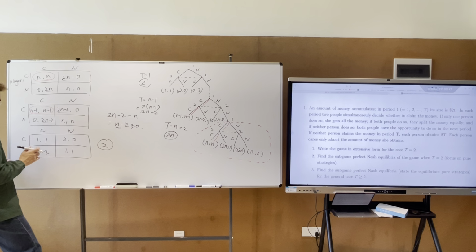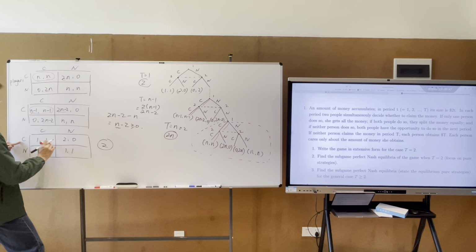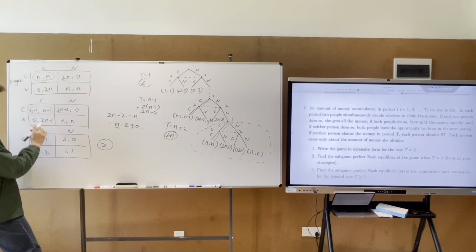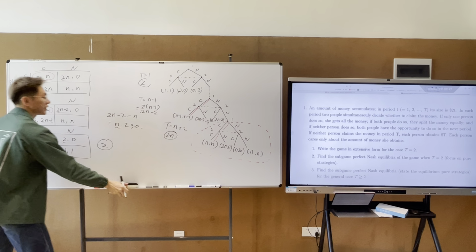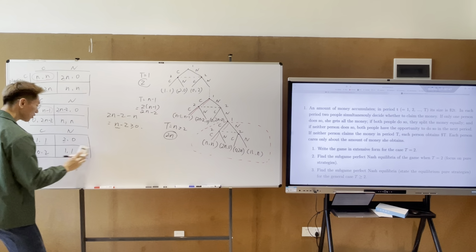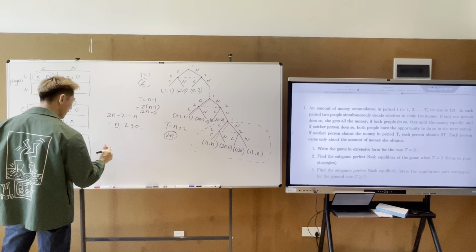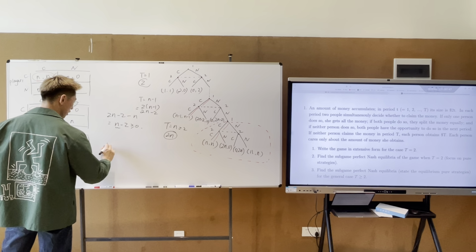And what is the equilibrium? We see player 1 claim the money, okay, and here, and here. Sorry, did I write something wrong? Oh, sorry. They are in period 2. They are dividing $4, right? They are dividing $4, not $2.